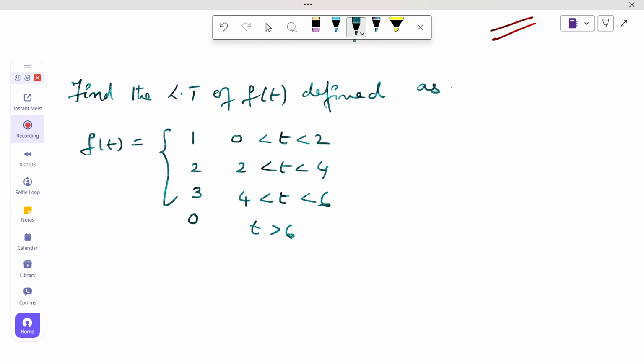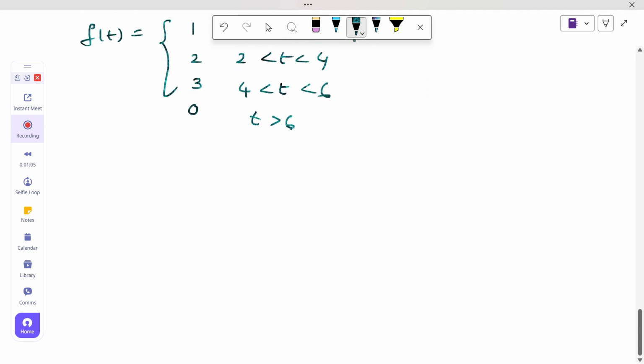Now, Sharmin, how are we going to proceed for this one? With the help of what can we move? Formula, ma'am. By the definition we can go.